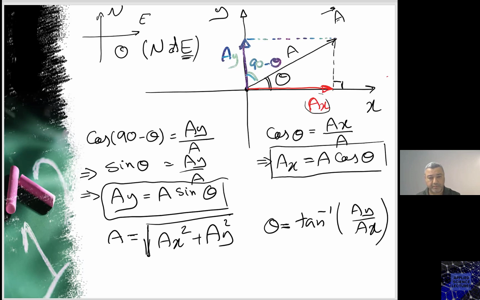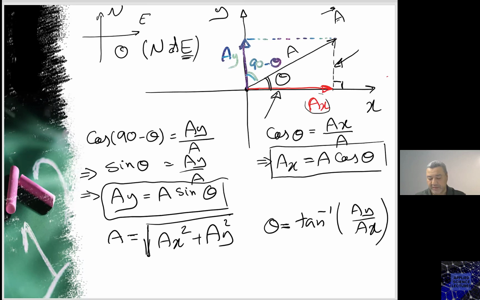Yeah, sir. Are these equations preset so we can just use them over and over again, or do we have different cases for each question? You have to be careful that this length is a sine, and this one is a cosine theta. It's up to you how you want to remember it.